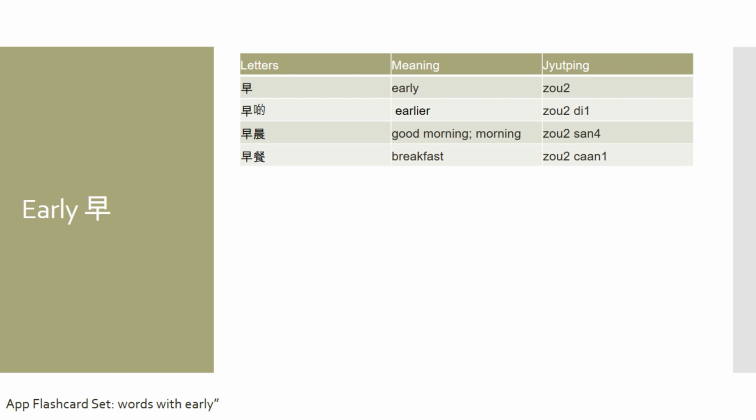Now, if you want to say good morning in Cantonese, then you would say zhou san. And lastly, if you want to say breakfast in Cantonese, then you will say zhou chaan. And if you wish to review these words in our Android app, please look at the flashcard set named Words with Early.